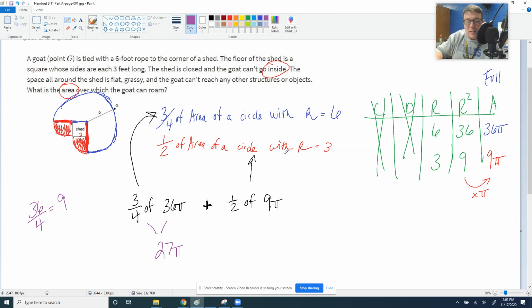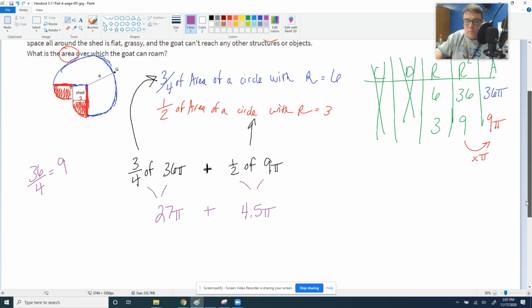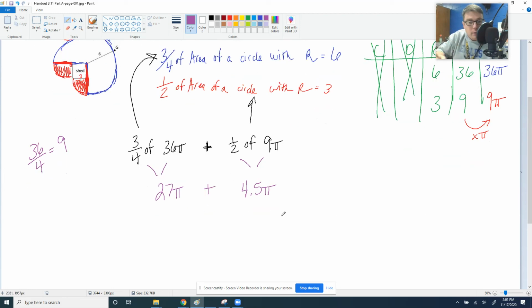Okay, so half of 9 pi, that's going to be just half of 9, which is 4.5 pi. So all we have to do is add 27 pi plus 4.5 pi. And since they're both pi terms, all we have to do is add 27 plus 4.5. And that gives us 31.5. So our answer is 31.5 pi, or times pi.